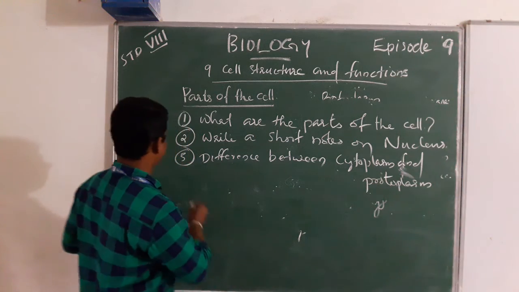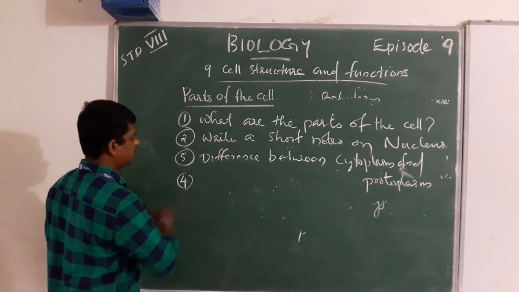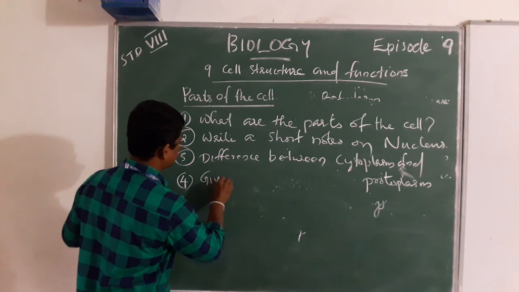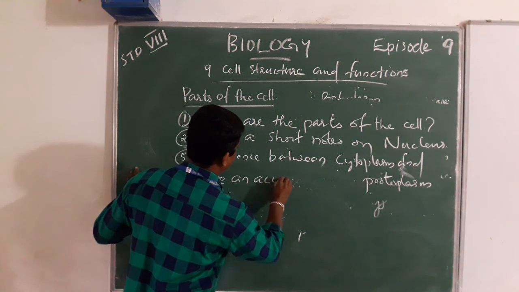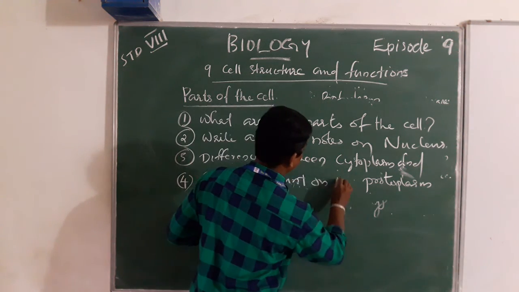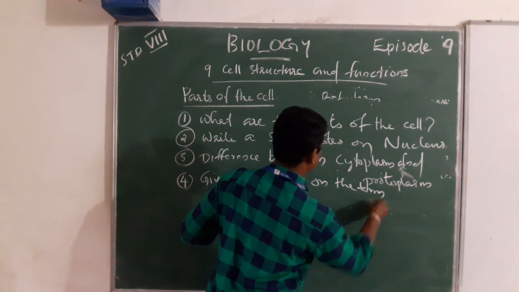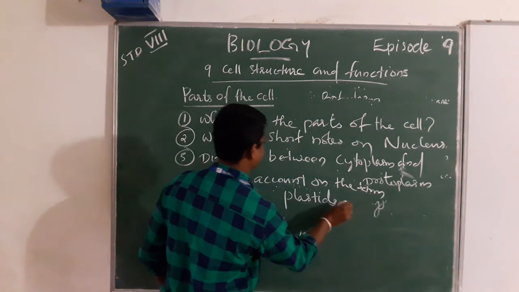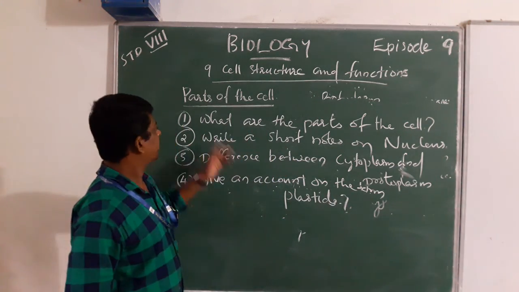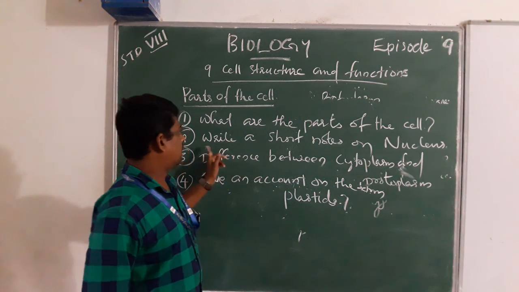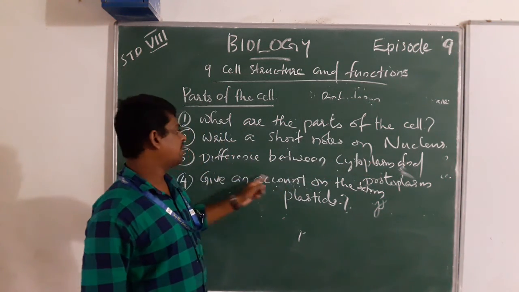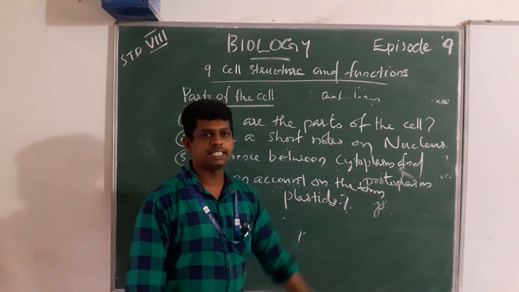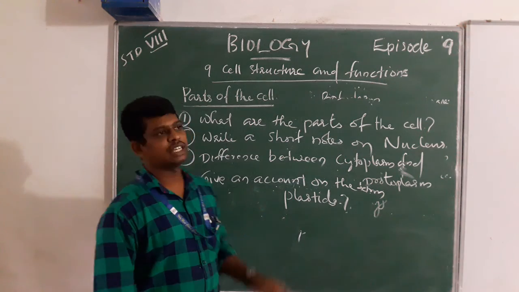Then the fourth question: give an account on plastids. These are the four questions. What are the parts of the cell? Write short notes on the nucleus, the difference between cytoplasm and protoplasm, and give an account on plastids. These are the four questions I give.